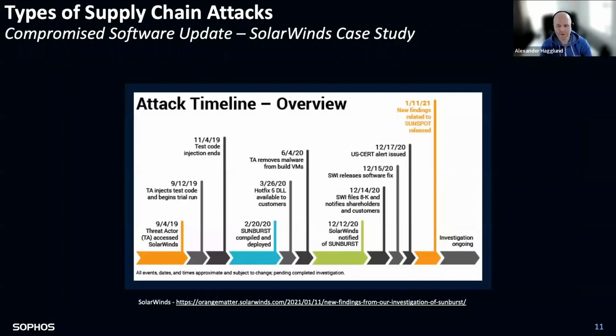Yeah, definitely. Just look at the timeline here for the SolarWinds attack, for example. We can see that the threat actors accessed the SolarWinds development team back in 2019, and then they were able to inject the test code and begin the trial runs at the end of 2019.